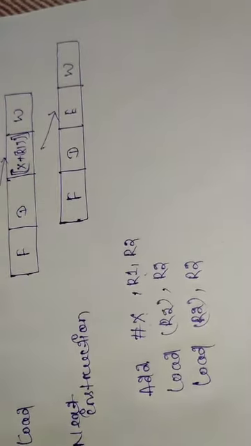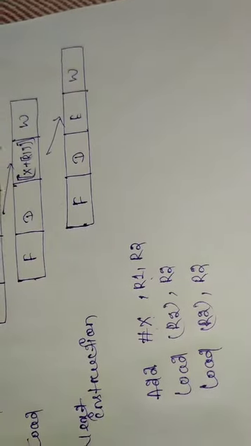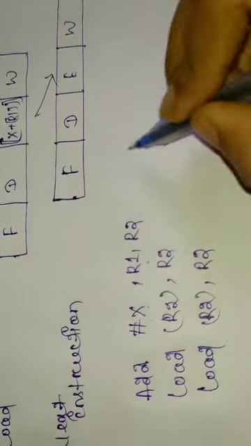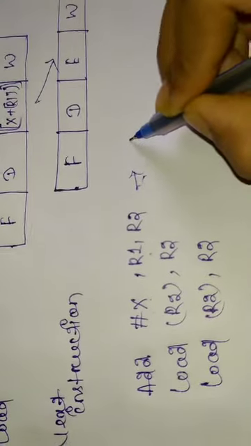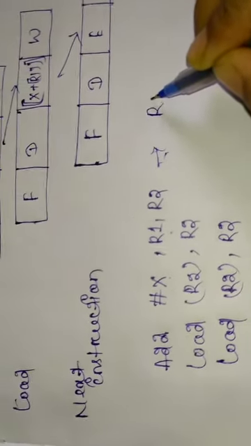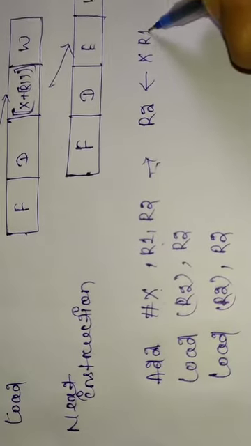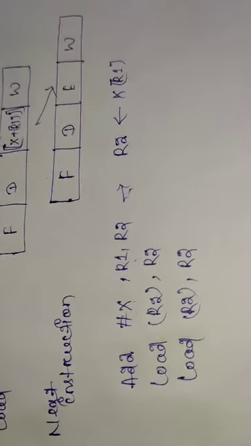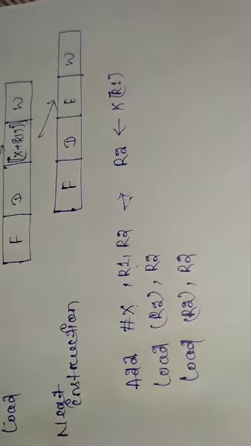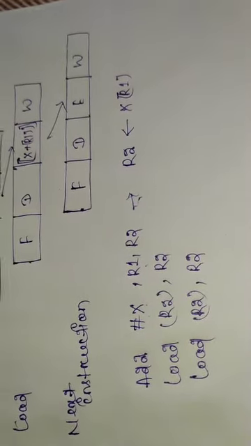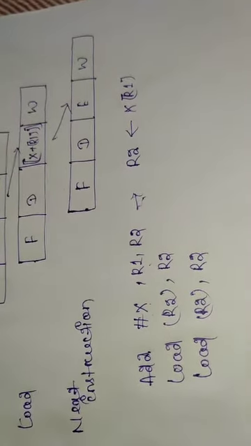This add will do R2 equals R1 plus the offset, and the two load instructions fetch the address and then the operand from the memory.